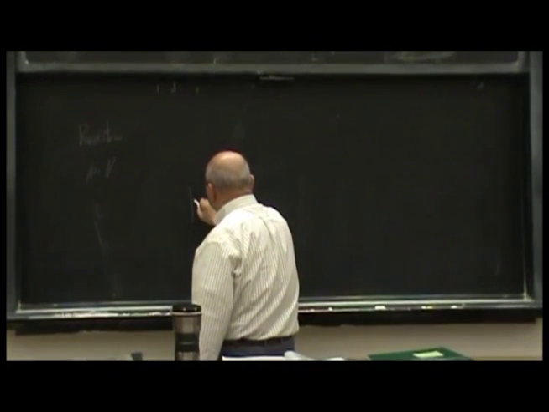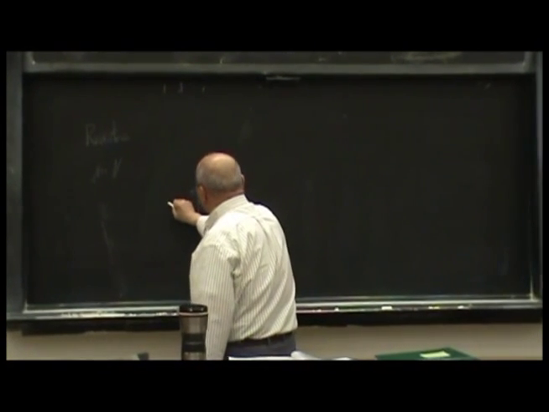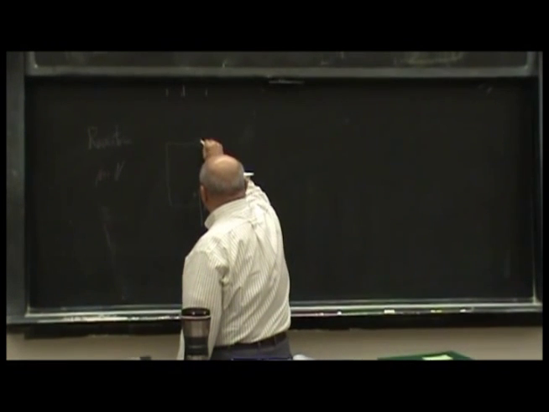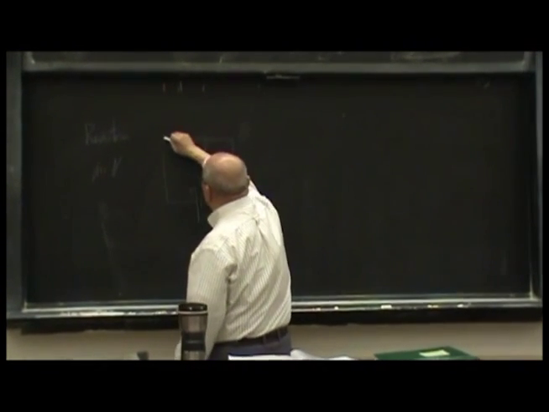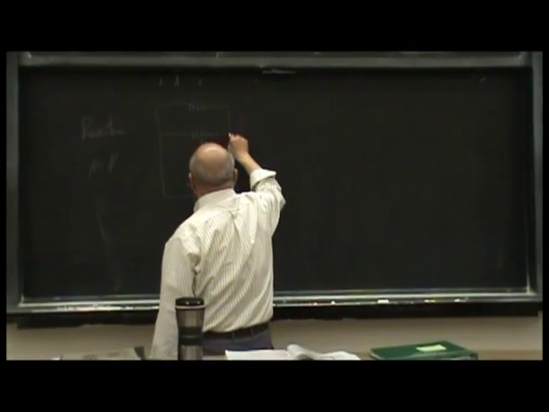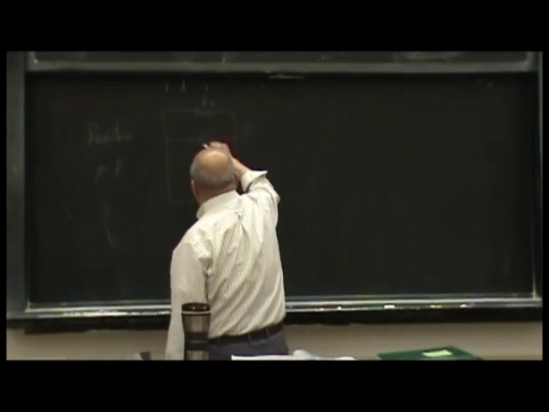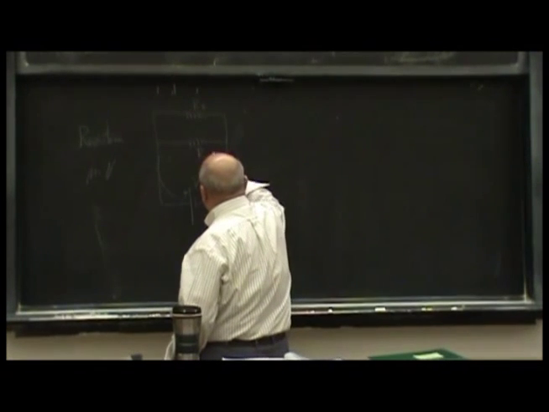Suppose the voltage here is V, this is positive, and then we get one resistor, in this case R1, and another resistor R2.